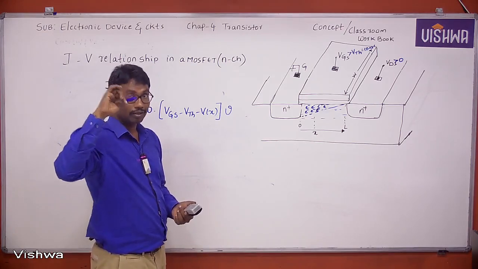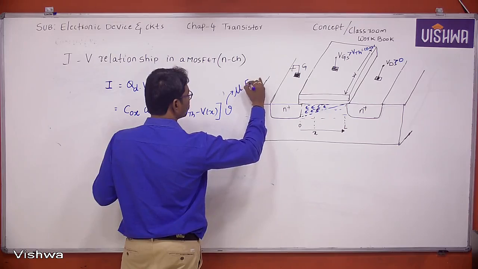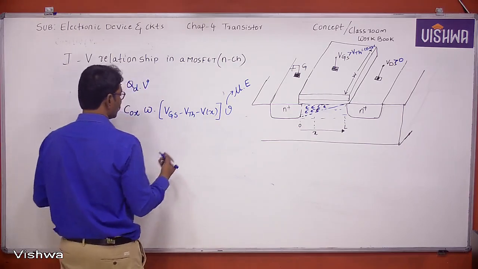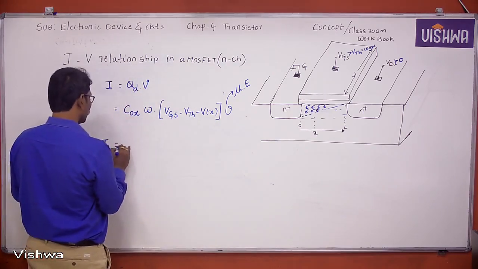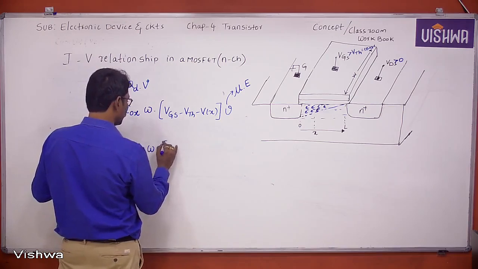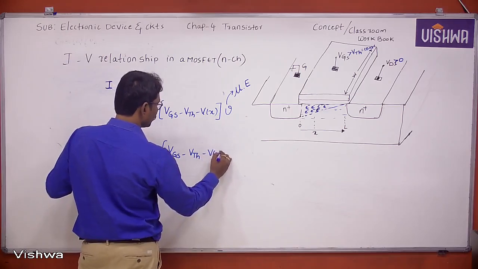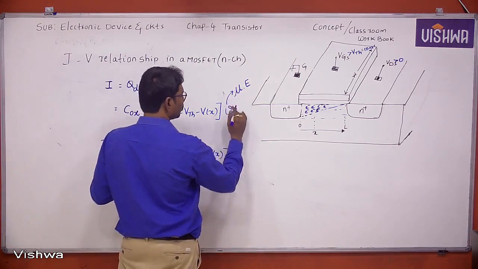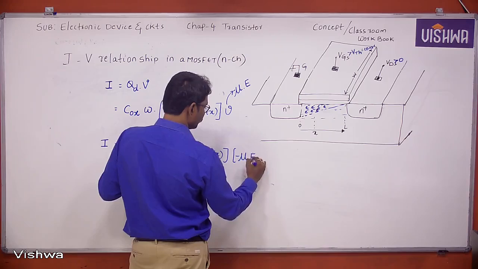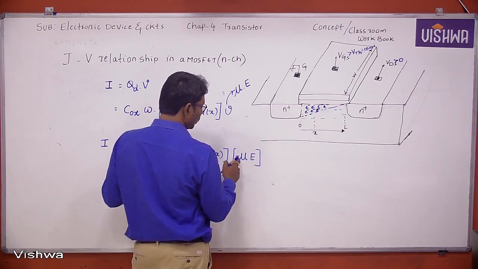From our starting chapter, the relation between electric field and velocity is mu into E. Here the velocity is minus mu into E, where the minus indicates the polarity of the charge carrier. Here our charge carrier is electron.